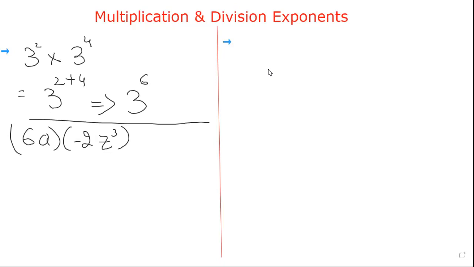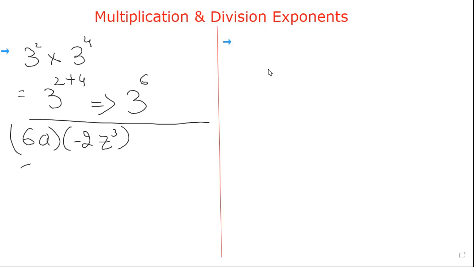I'm going to simply multiply the numbers with each other. Negative 2 times 6 is negative 12. Now there is only one a and only z cubed here. No other variables are the same, so I'm going to write them as they are.